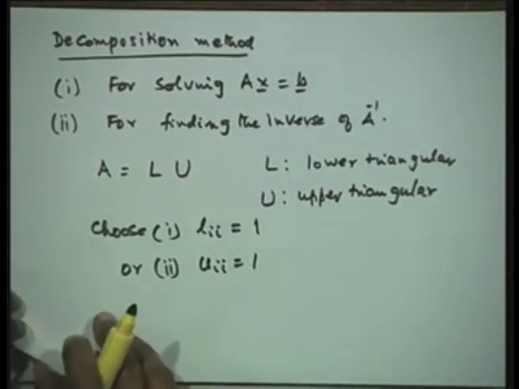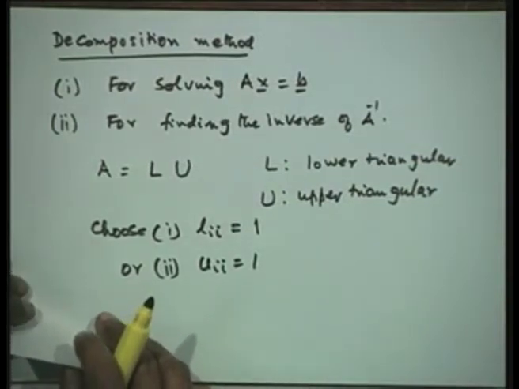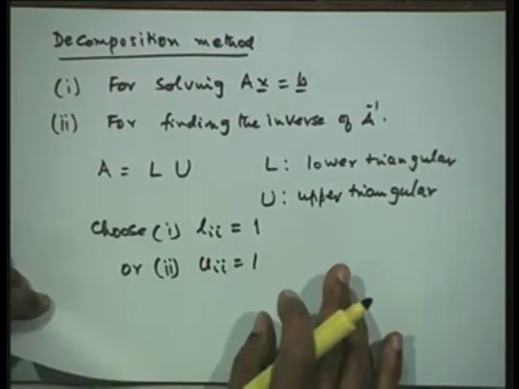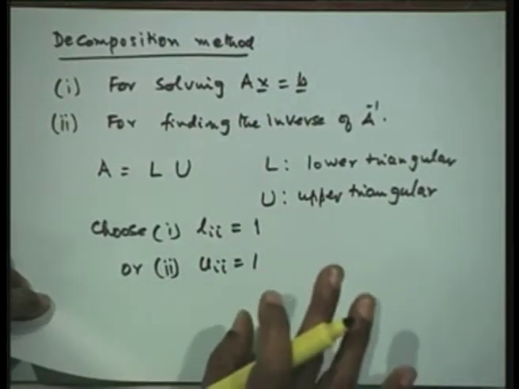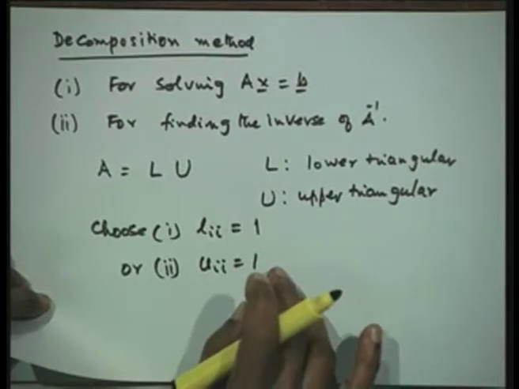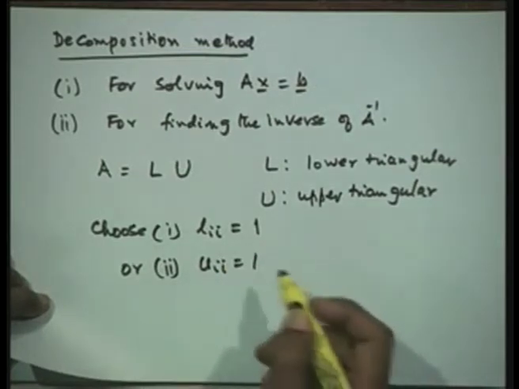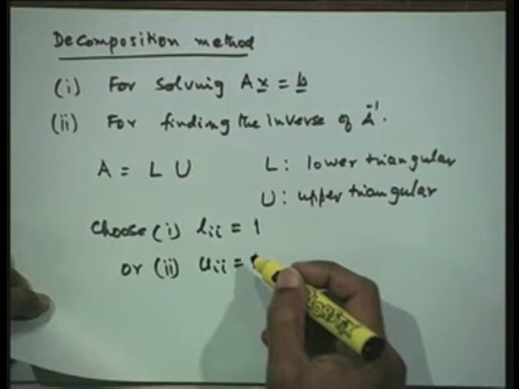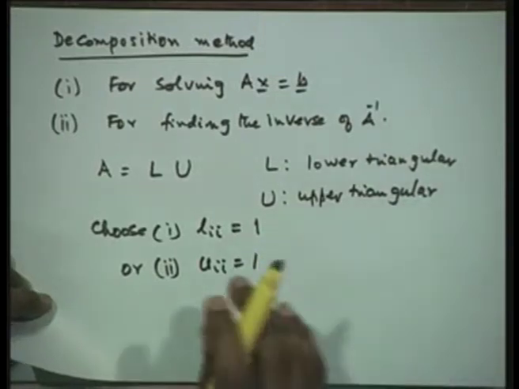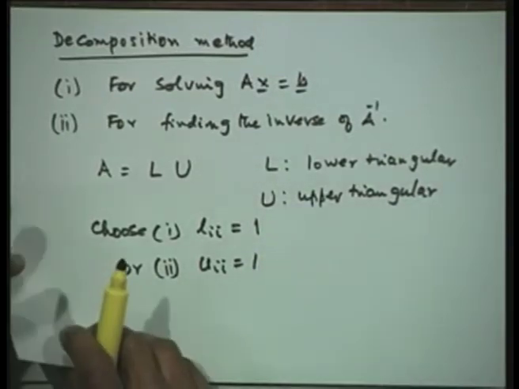Then the computation is simplified enormously, because we can get all the elements of L and U by simple forward substitution. Of course, there are other ways of writing it, however that will not simplify our computations. Now, let us see how we can implement this in our computations.